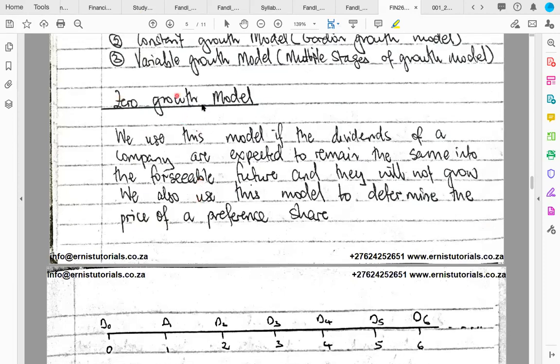So the zero growth model. We use this model to determine the intrinsic value of a share if the dividends of the company, or the dividends of a particular share in the company, are expected to remain the same into the foreseeable future, and they will not grow. We also use this model to determine the price of a preference share.